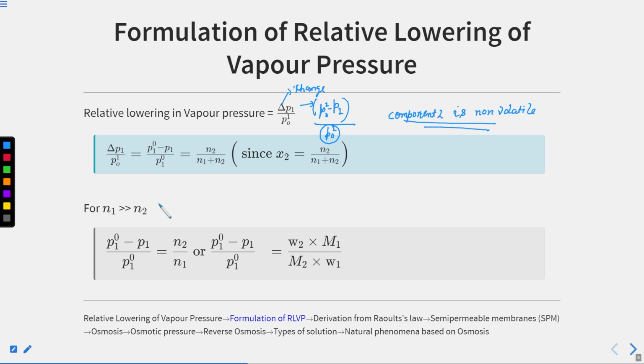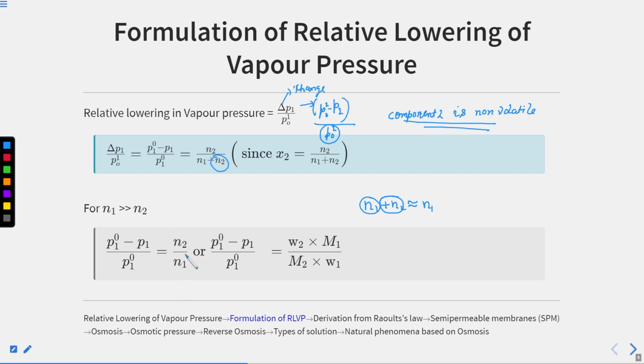Suppose we take a case in which N1 is much greater than N2, that is, N1 is present in excess. Then we can say that N1 plus N2 is approximately equal to N1, because the addition of this small amount to N1 does not have a significant effect on the total sum. So we can write it as N1 only. Now we formulate the formula further: we remove the N2 term from the denominator and write it as N2 by N1.